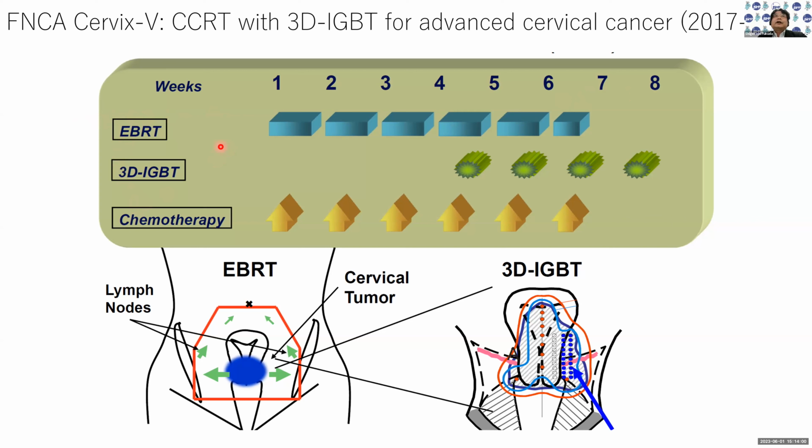We perform EBRT for 6 and a half weeks, and each week we apply the chemotherapy like this. After 4 weeks, we perform the 3D IGBT to deliver a higher local dose to the tumor like this.